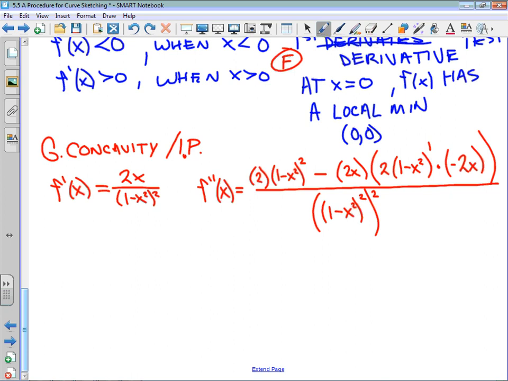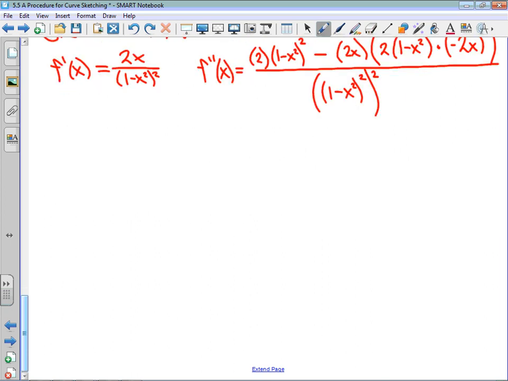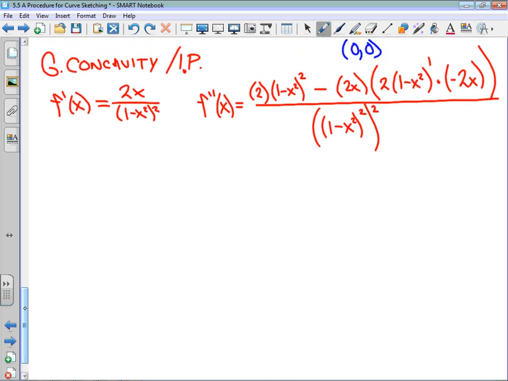All right, so looking at my numerator, I am going to factor out a 2 and a (1 minus x squared). Now what that leaves me with, and I'm going to use the square bracket here, is 2 times (1 minus x squared) divided by 2 times (1 minus x squared), which is 1 minus x squared. I'm going to leave it in a bracket. Then I'm going to subtract.